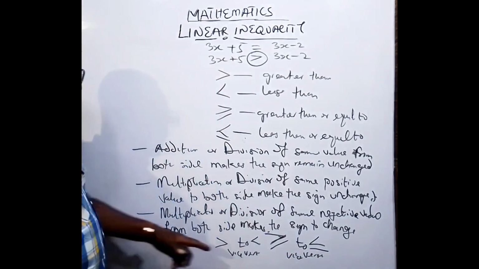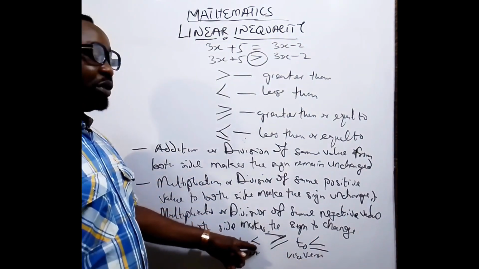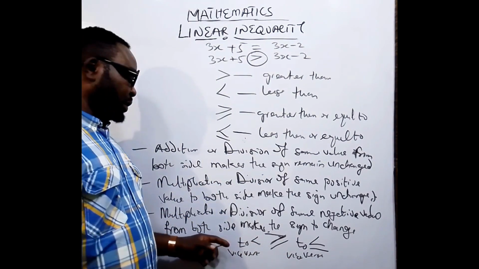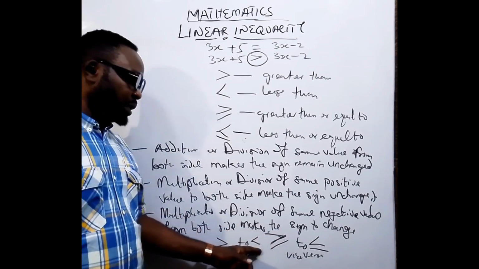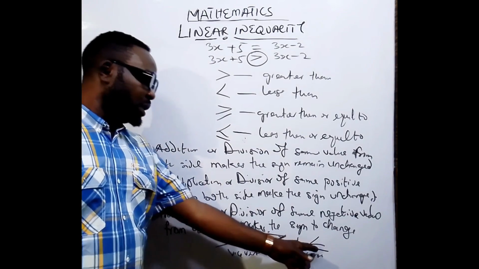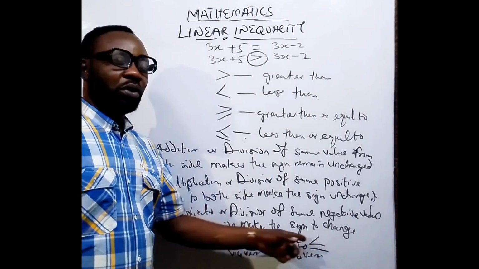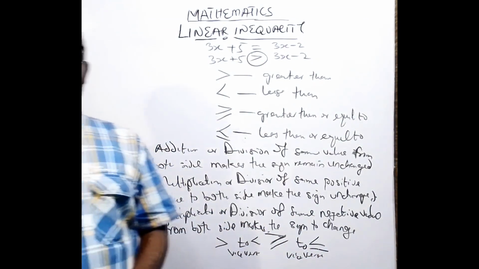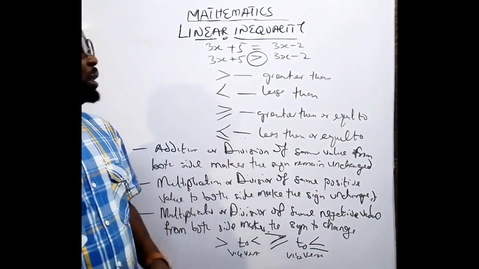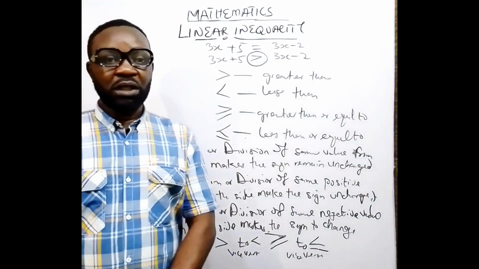The less than we change to greater than. Greater than we change to less than. Greater than or equal to we change to less than or equal to. And less than or equal to we change to greater than or equal to. So those are the conditions you have to take note of when you are dealing with linear inequality or any form of inequality at all.